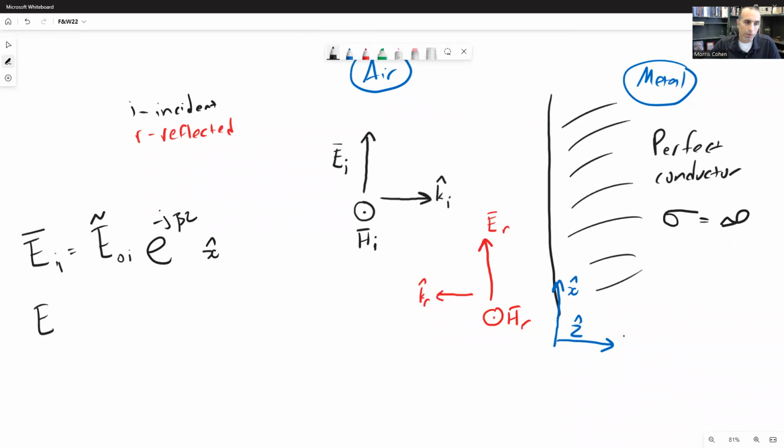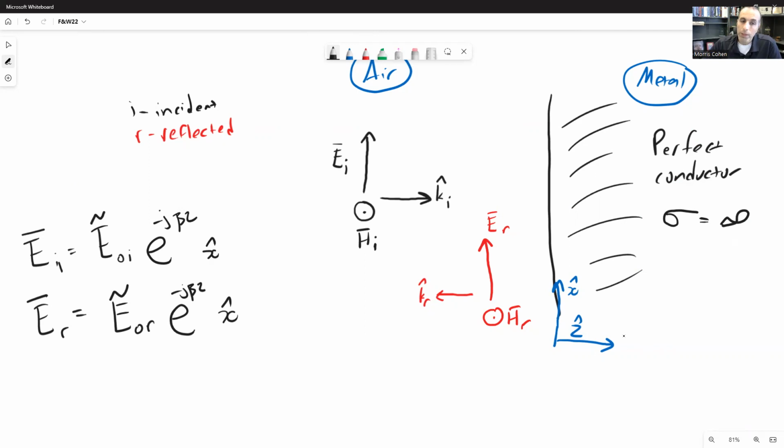The reflected wave will look like this. It's going to be E0R for reflected times e to the plus j beta z. And let's assume that that is also in the X direction. All right.